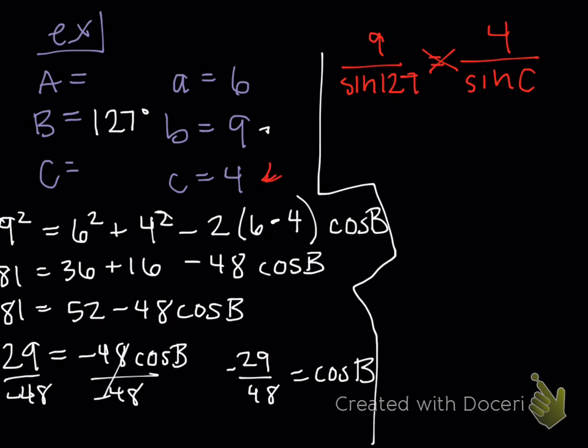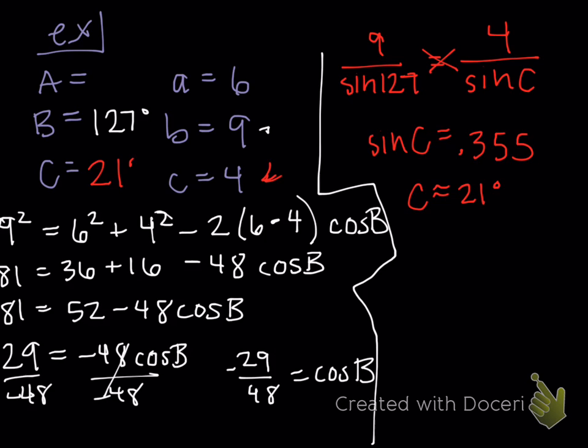So we cross multiply and we get to the point where it says sine of C equals 0.355. And now we're going to take the inverse sine of that. So angle C equals 21 degrees.